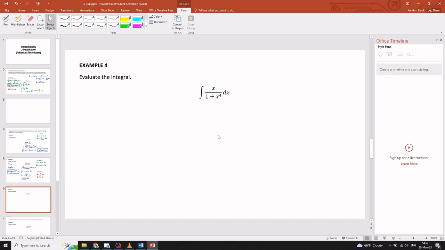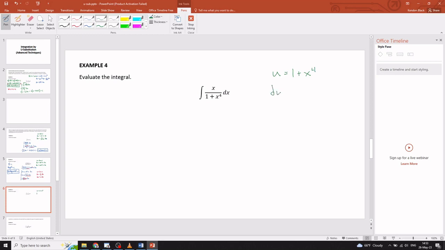Okay, example 4, evaluate the integral. We have x over 1 plus x to the 4th. Now, the most logical choice for our u should be 1 plus x to the 4th. So let's try that. u equals 1 plus x to the 4th.